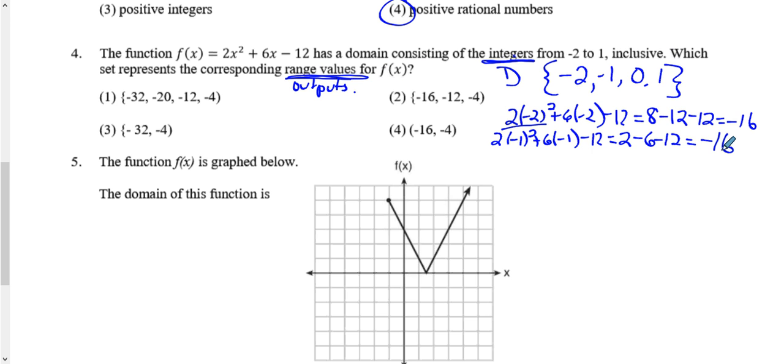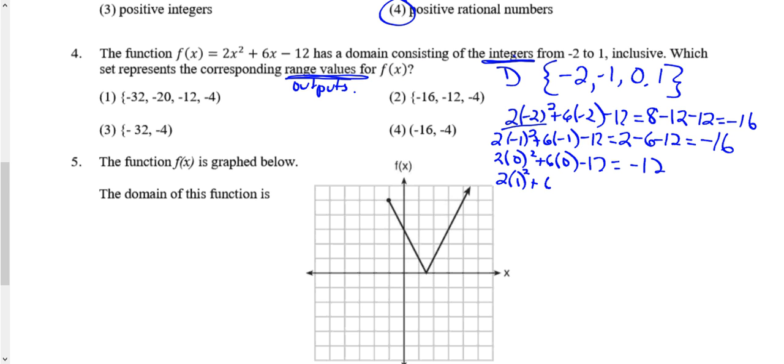So let's try 0. 0 squared plus 6 times 0 minus 12. You better just tell me what this is immediately without thinking at all whatsoever. -12. -12, right? And let's do 1 real quick.